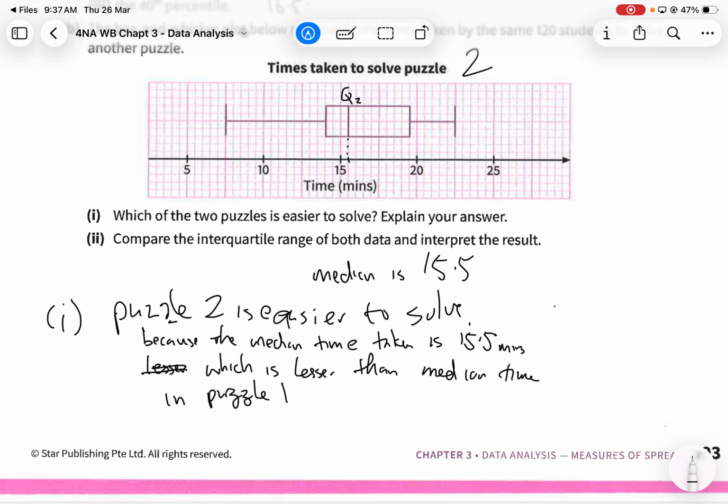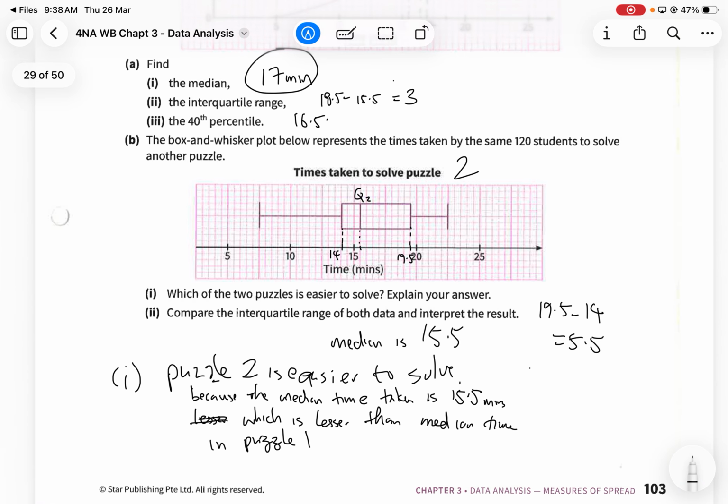Okay, this time round, what is the interquartile range? This time round, the interquartile range is 19.5 minus 14, which equals 5.5. The earlier interquartile range is 3.